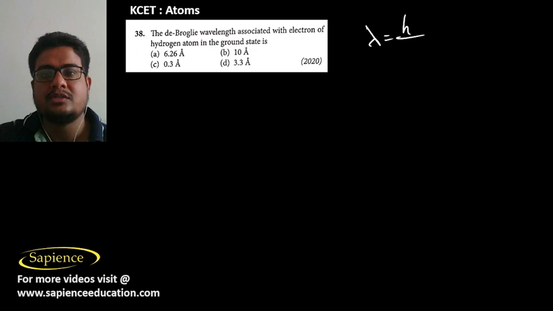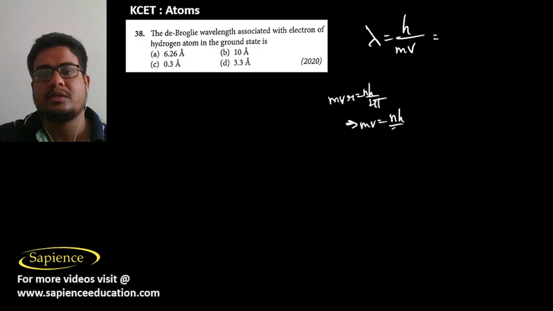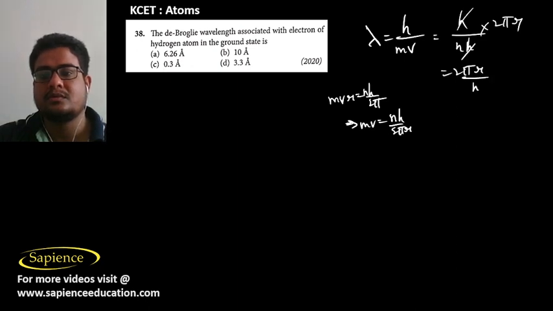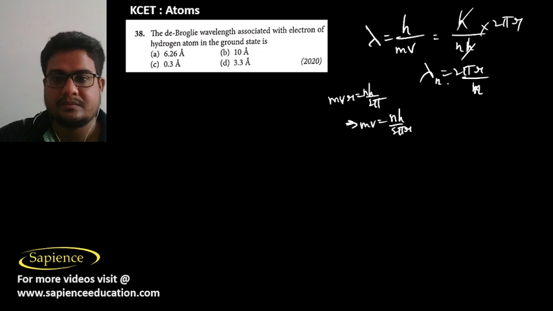So lambda is equal to h by mv. mvr is equal to nh by 2 pi. So mv will be equal to nh by 2 pi r. So this will be equal to h by nh by 2 pi r. So this is equal to 2 pi r by n. So it is the de Broglie wavelength for the nth orbit.